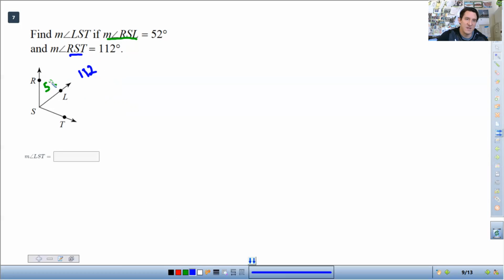All right, so if this is 52, and both these angles together is 112, what's this leftover angle? To figure that part out, all you need to do is subtract them. 112 minus 52 is equal to 60 degrees. So that leftover angle here, LST, is 60 degrees. 52 plus 60 is 112.